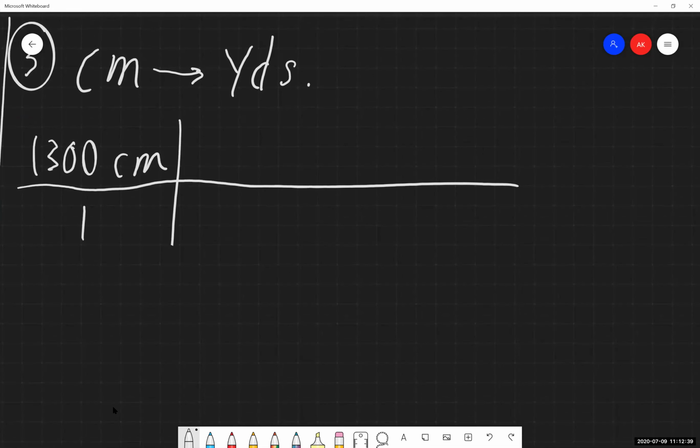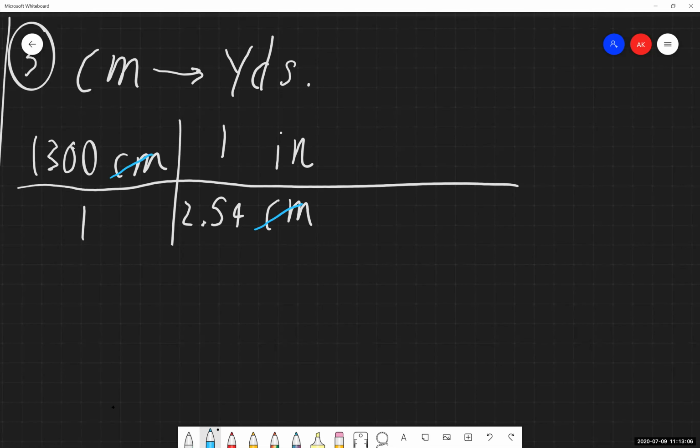So again, our process for this, we're going to go from centimeters into inches. So starting with what we have right now, centimeters is in the numerator spot. I want to cancel that, which means the unit for centimeters needs to go down below. The new one is going up top. So I'm given that 1 inch is 2.54 centimeters.